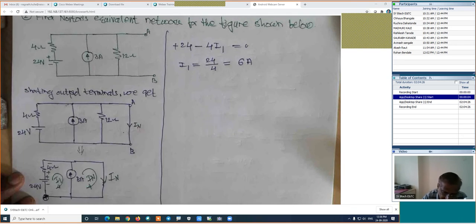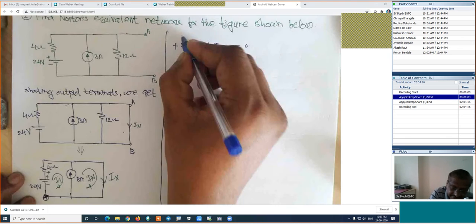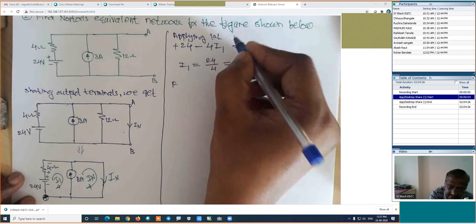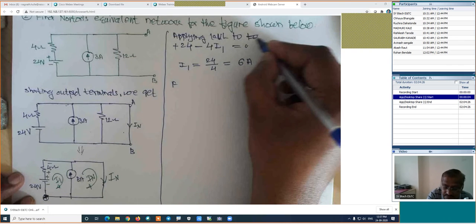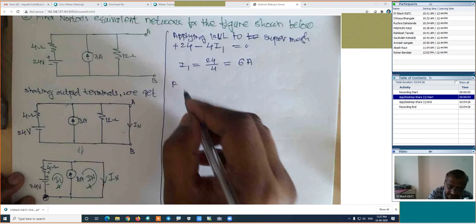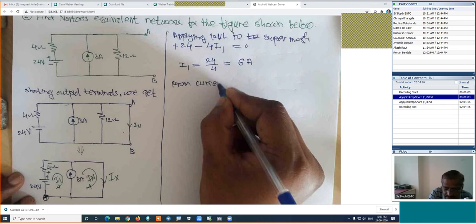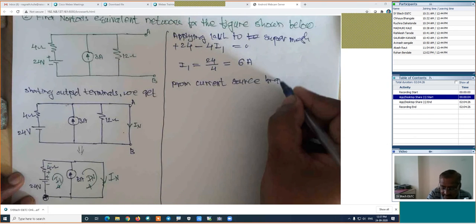In this branch, the current is IN. And how to find out that value? We will find the relation from this current source branch. Applying KVL, super mesh. This is right. And from the current source branch, what will we get?